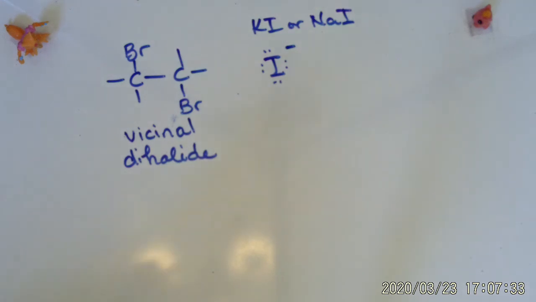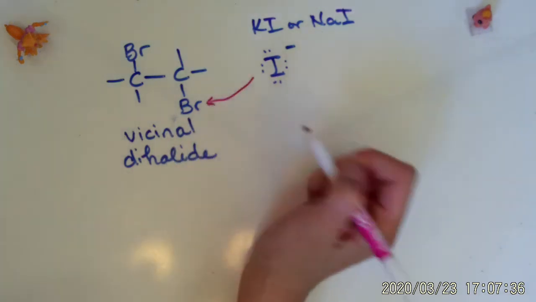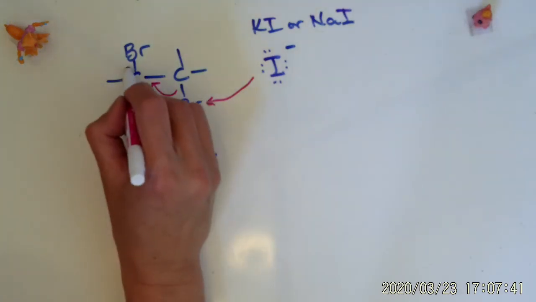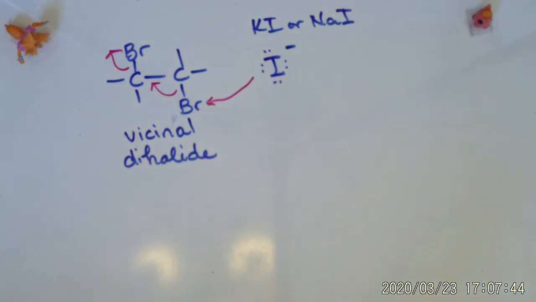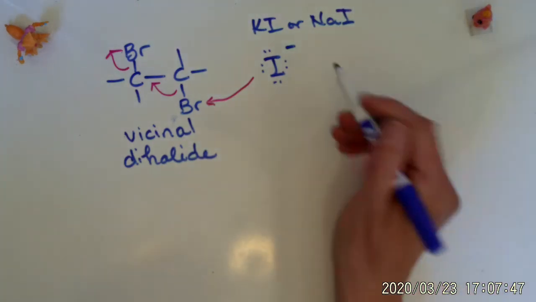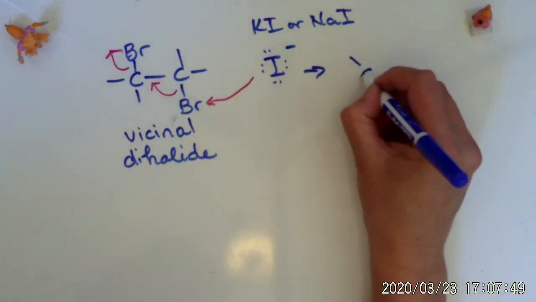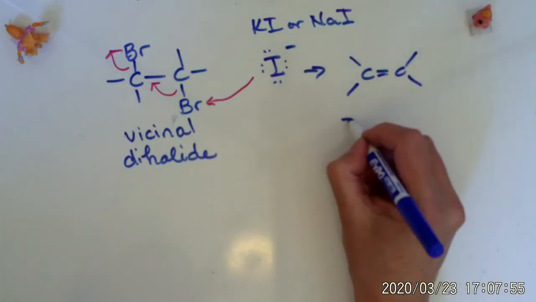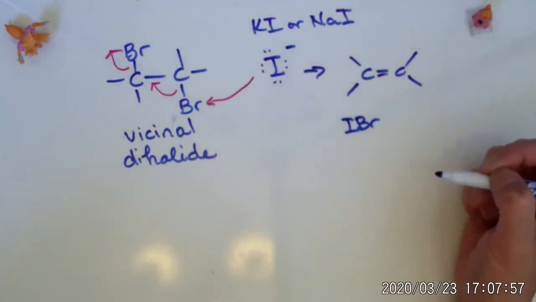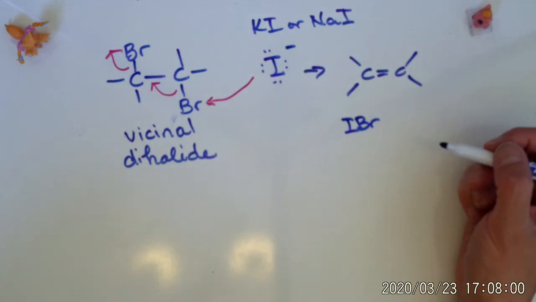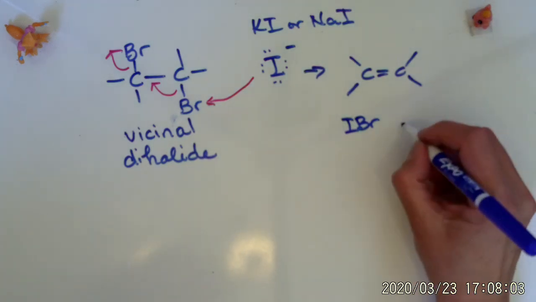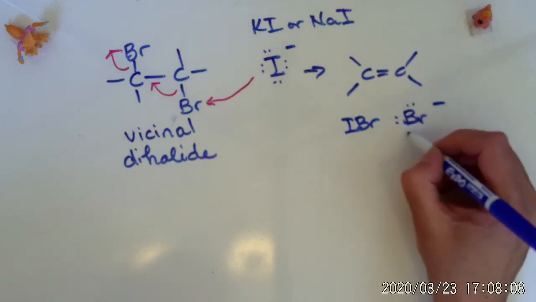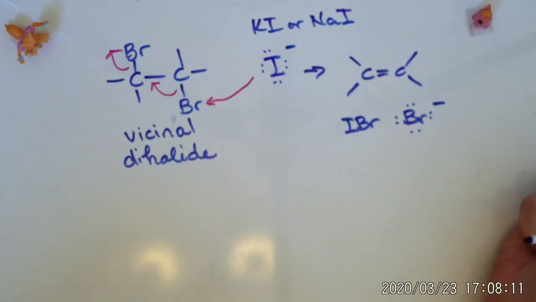What this does is it takes the bromine, that lone pair forms a double bond, kicks out a bromine. So our product is my alkene plus iodine bromide, and if I use sodium or potassium, then you would form the bromide salt.